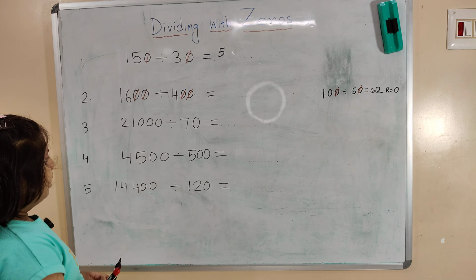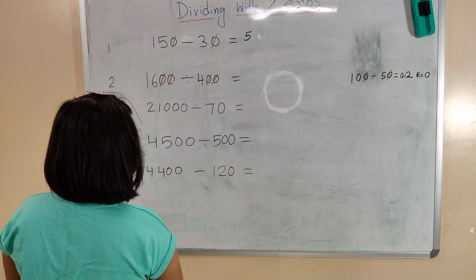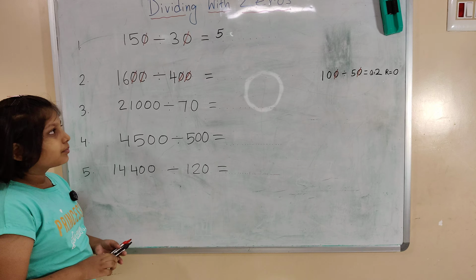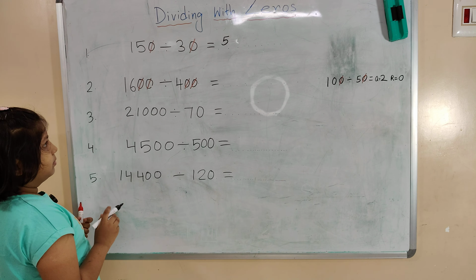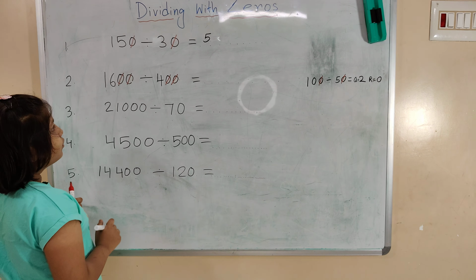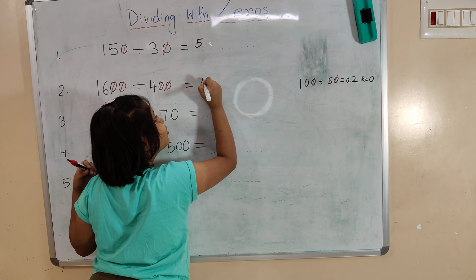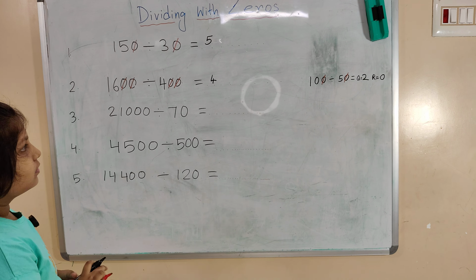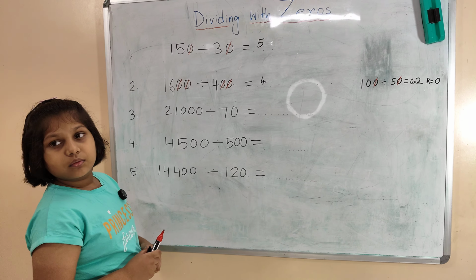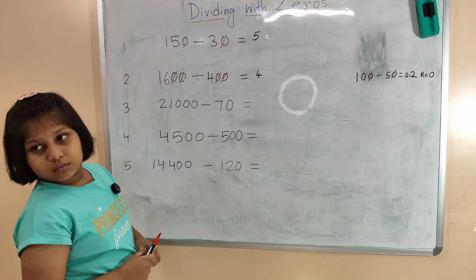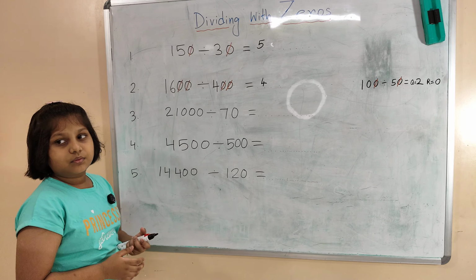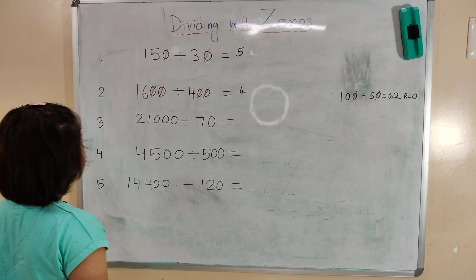So we cancel the 2 zeros from both the numbers. Now what you're going to do? 16 divided by 4. 4 fours are 16. Very good. 1600 divided by 400 is equal to 4. Now move to the third one.